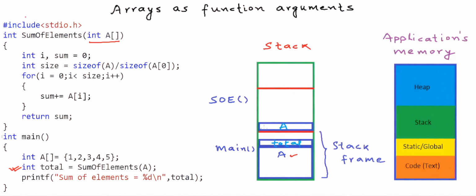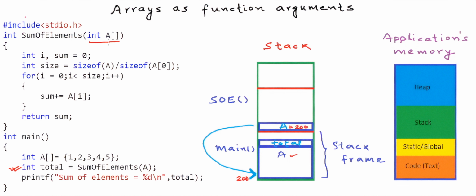So in this case it will be a pointer to integer, and the compiler just copies the address of the first element in the array of the calling function. So let's say the address of the first element in this array A that belongs to the main method is 200. So in sum of elements, all that happens is a pointer to integer is created and the value in this pointer to integer is 200.